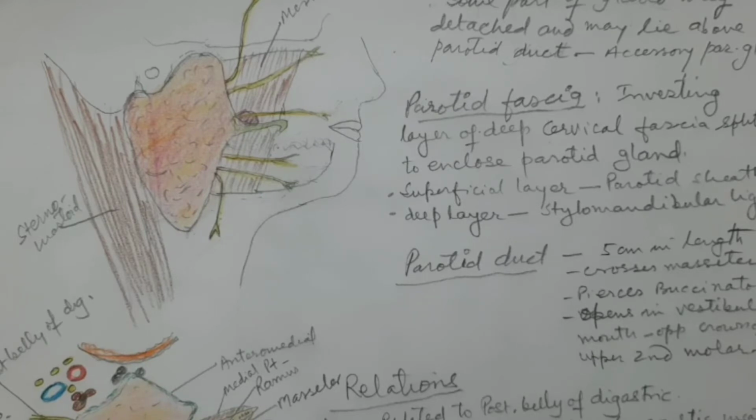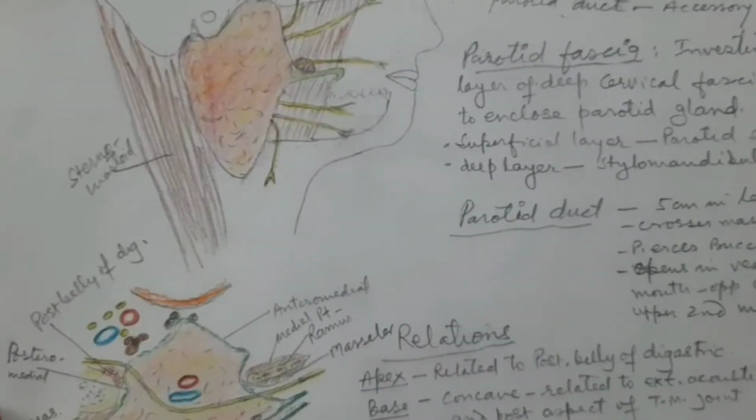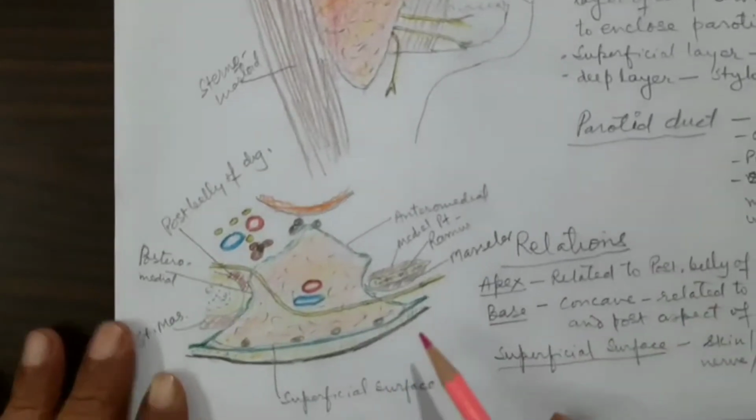It is thin, and a part of this thin layer which lies between the styloid process and the angle of the mandible, where it is attached, becomes especially thick and is called the stylomandibular ligament. Now I will show you the 2 layers of this deep fascia which covers the parotid gland.